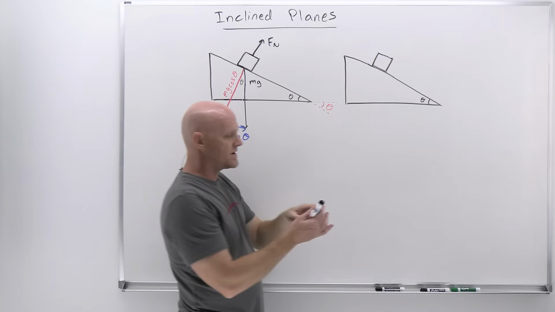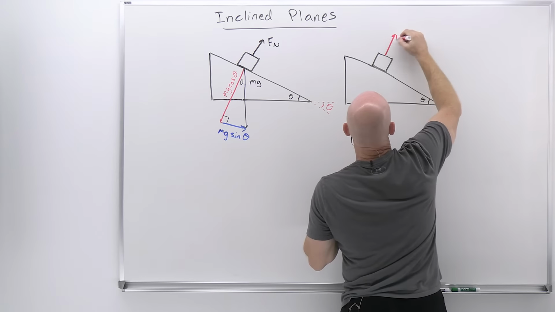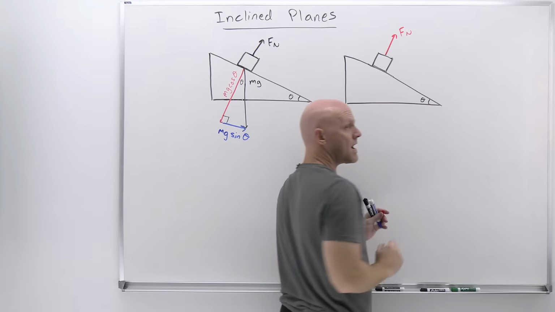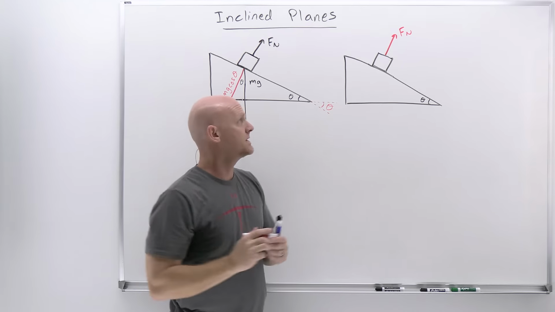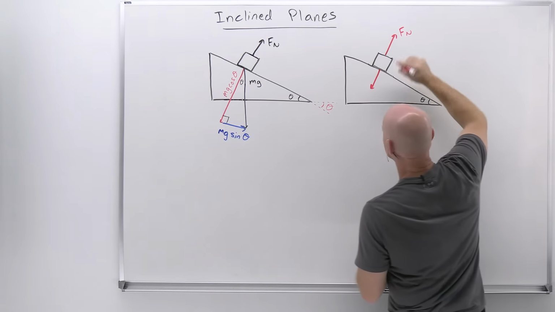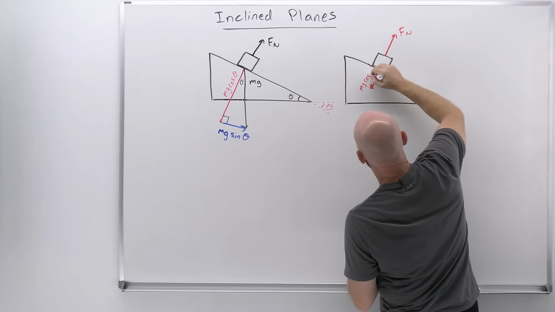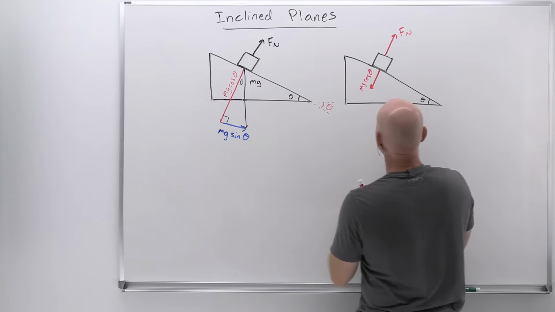So let's go back and redefine some things now. We've got on our new y-axis, the normal force points directly in that positive new y-axis. Life is good. And directly opposite that normal force in that new y-axis direction as well is mg cosine theta.